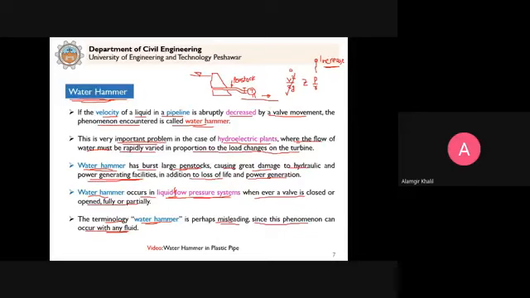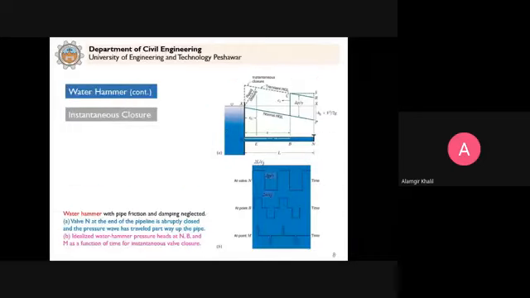Next we study the physics of water hammer, how the pressure increase occurs, and how we can calculate this increase in pressure, because we have to design our water supply systems for this pressure so that no damage can occur whenever this phenomenon is encountered. This is what we are going to study in the coming topics.